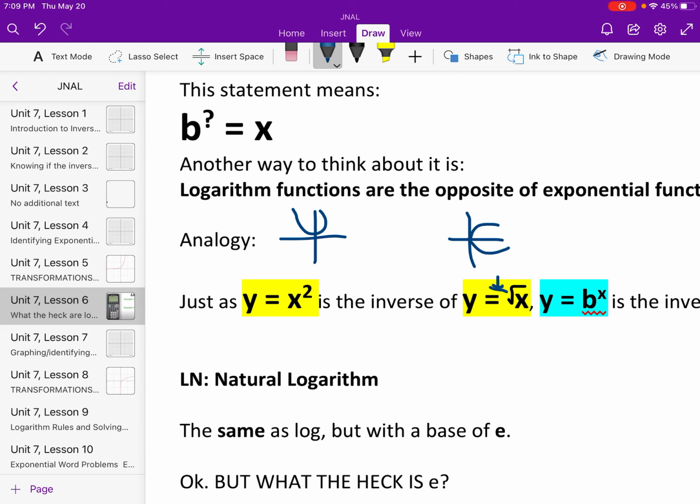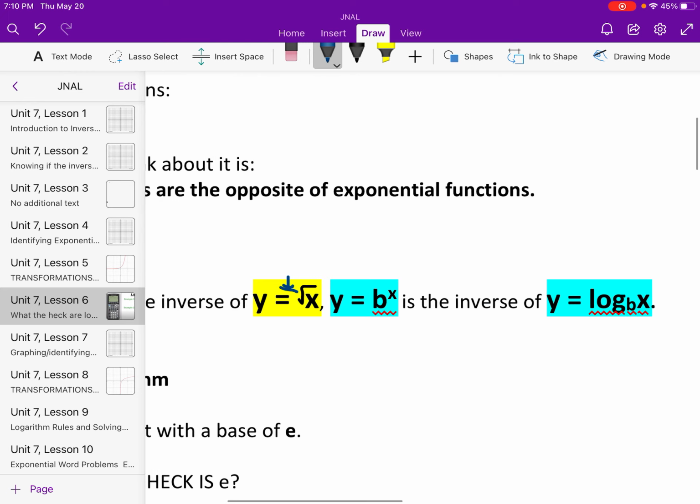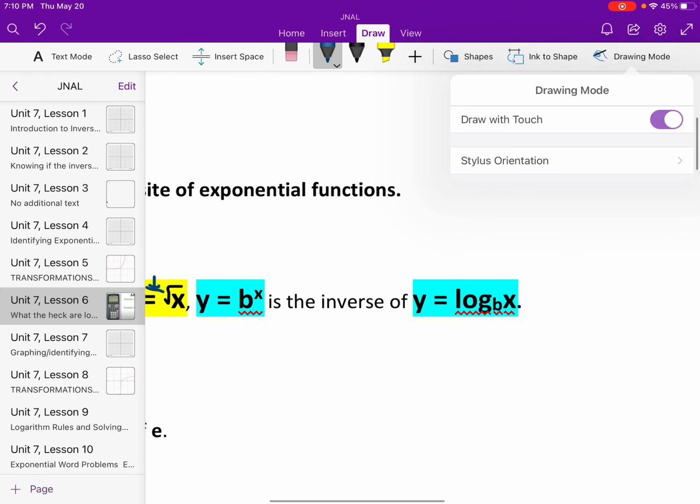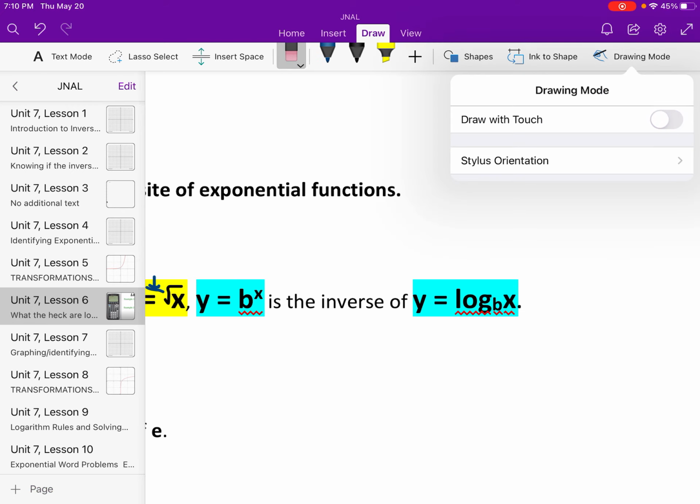So, just as those are inverses, so are logarithm and exponential. I told you that the parent function was really this, but really we could just say that 2 is b because that's the base. And then again, we'll see that we can make b 2 for the parent function when we're graphing these.